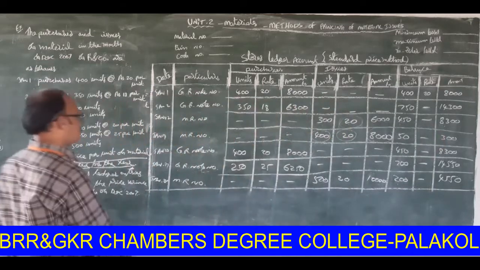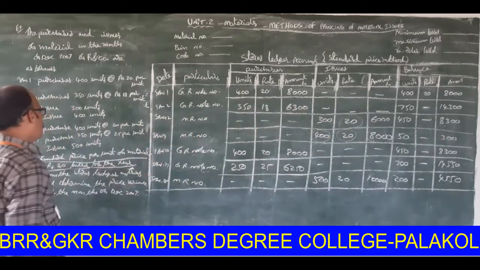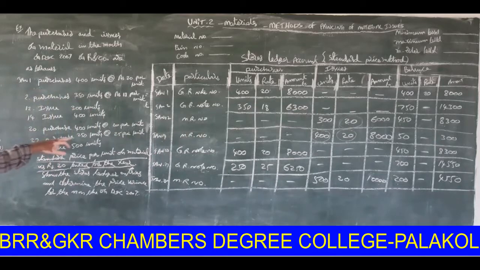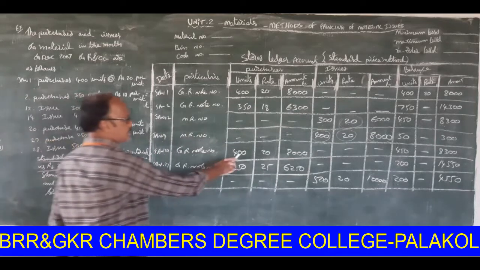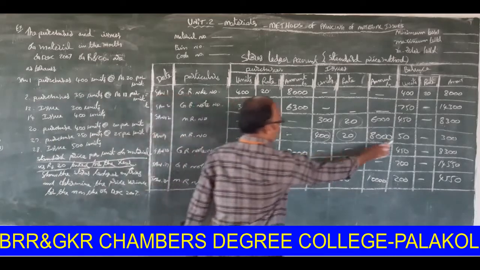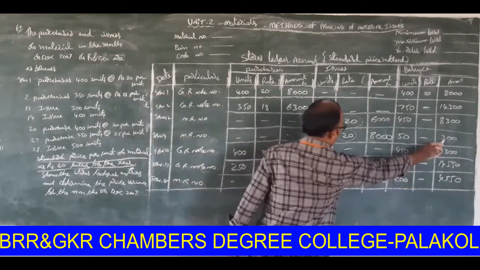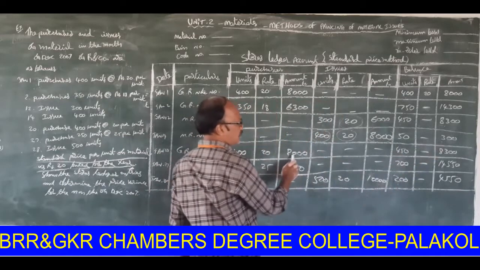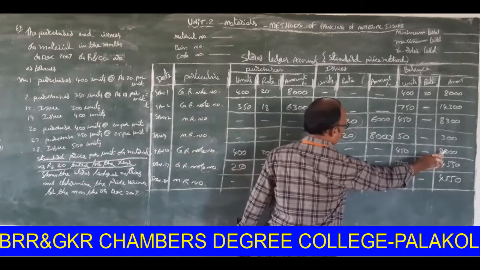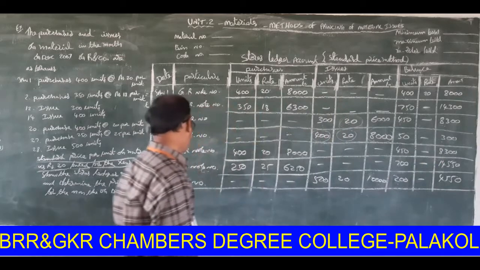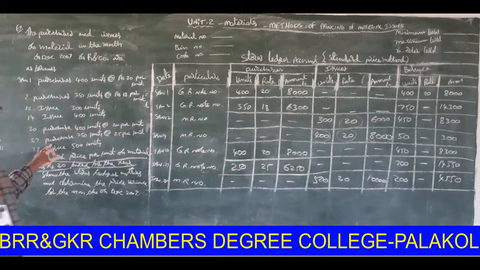Next one, January 20th. Purchases 400 units at the rate of 20 per unit. 400 into 20, 8,000. 50 plus 400, 450. 300 plus 8,000, 8,300. Next one, January 27th, purchase 250 units at the rate of 25 per unit.